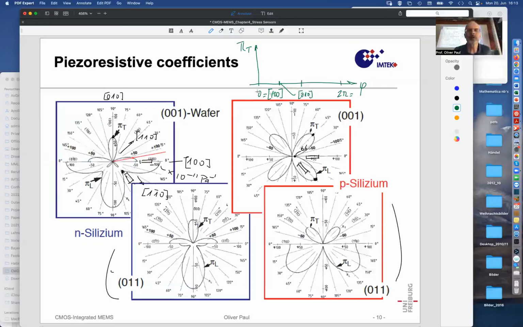And so if we look at this curve, what does it say? It starts at 53 point something, times 10 to the minus 11 per Pascal. So that is the unit of this pi t.